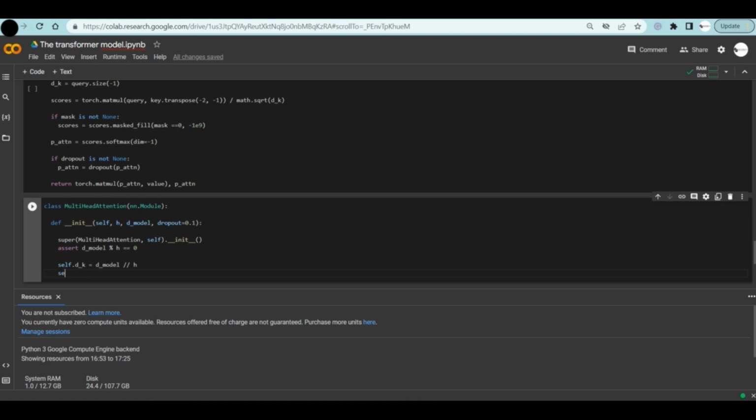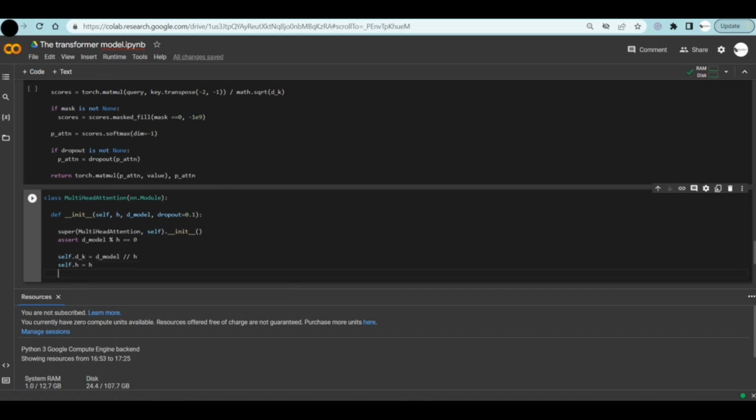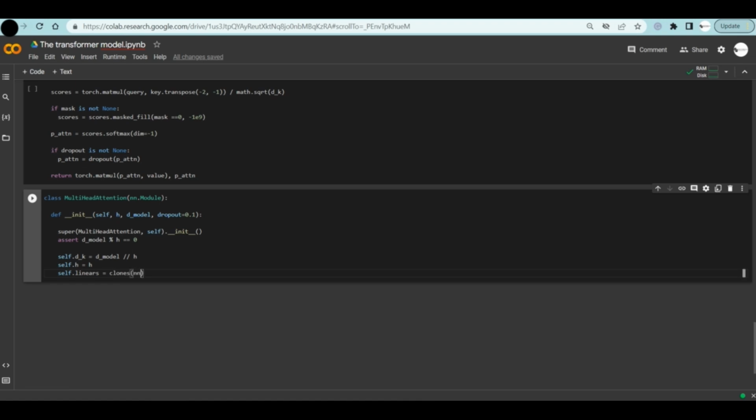So self.h is going to be h, the number of heads, and self.linears equals clones of nn.Linear, d_model by d_model, with a count of 4, so we have 4 linear layers.